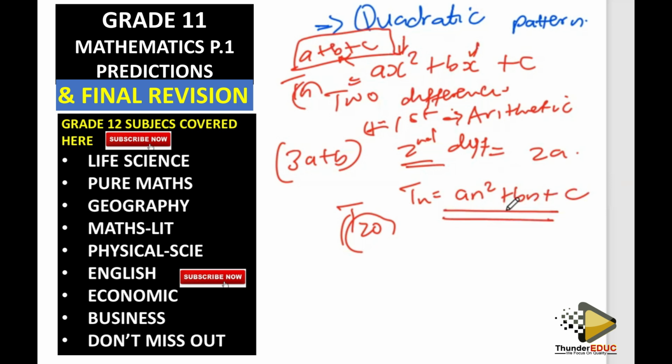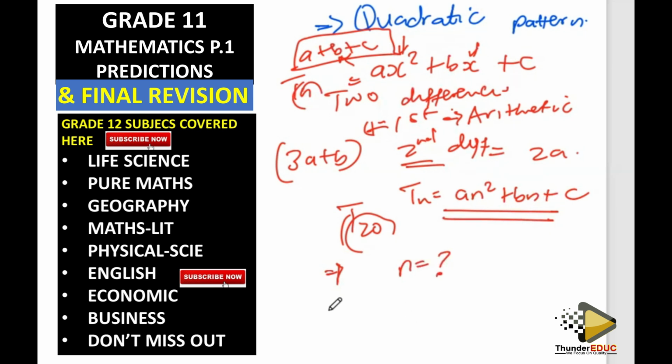Now, in most cases, when they ask you which term, or if they ask you whether a particular number is a term in the sequence, yes, you may do your calculations and try to solve for n.